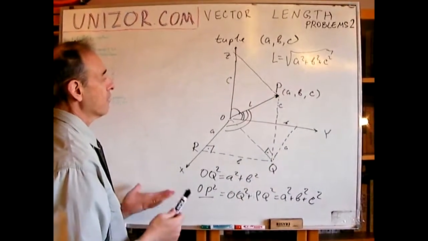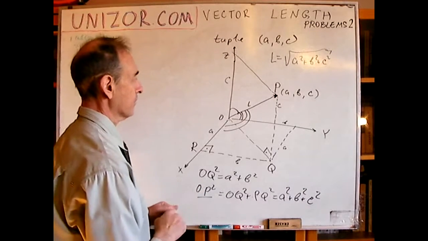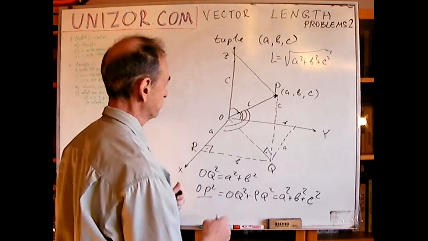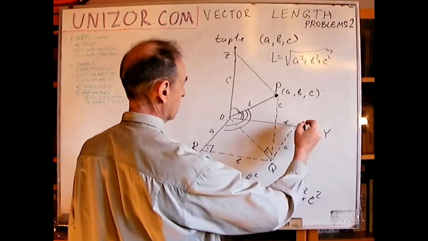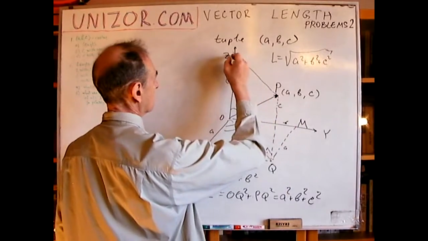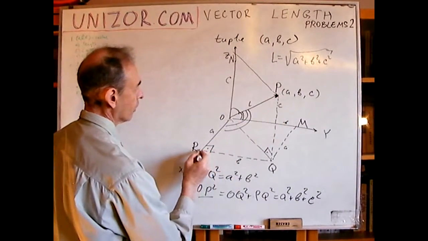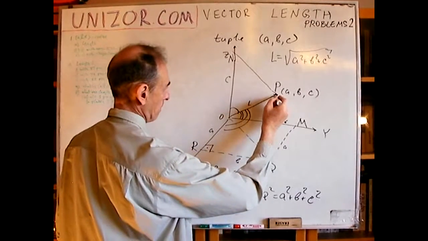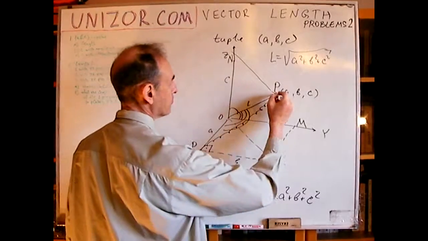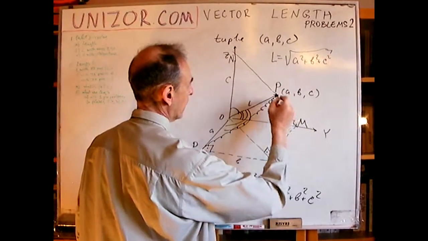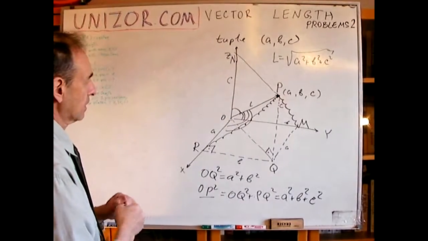Well, what do we know about these triangles? Look at it this way. If you connect, what do we have? We have more points, let's say M and N. If you connect P to point R, or P to point M, or P to point N, which we have already connected.